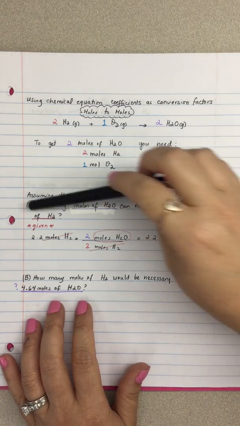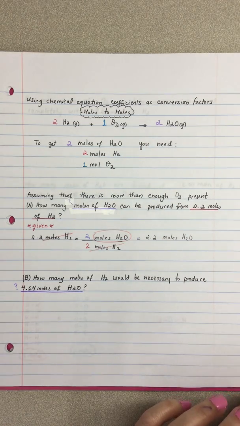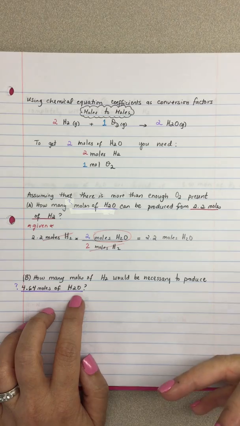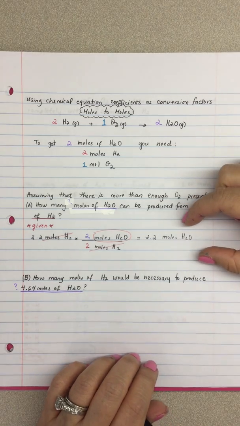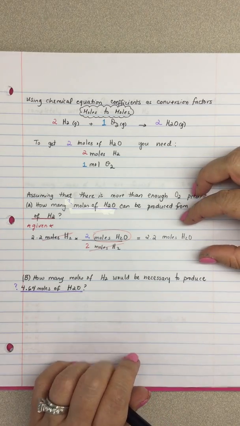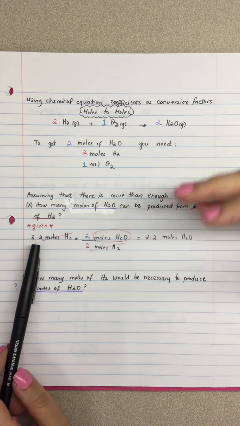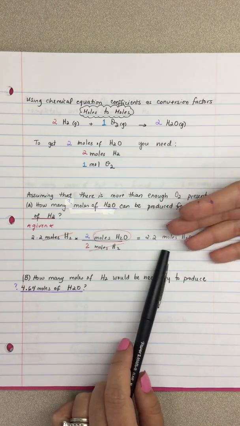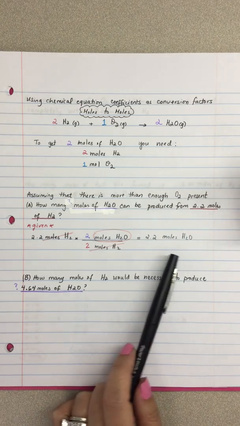Two problems assuming the same thing. So now what it's given is the number of moles of water. In the first one, that's what you were calculating. You were given the moles of one of your reactants, the other one is in excess, and you're getting how many moles of the product you can get.